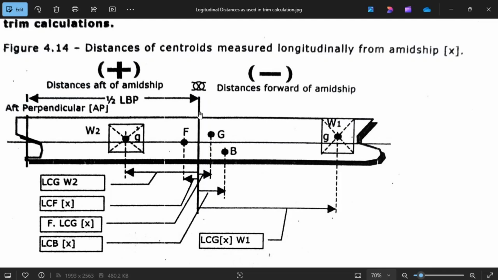On the other side, from the reference point of your midship going forward to your forward perpendicular, that will also be 1/2 LBP. Okay, so 1/2 plus 1/2, that will be your total LBP, length between perpendiculars. That is what it means.